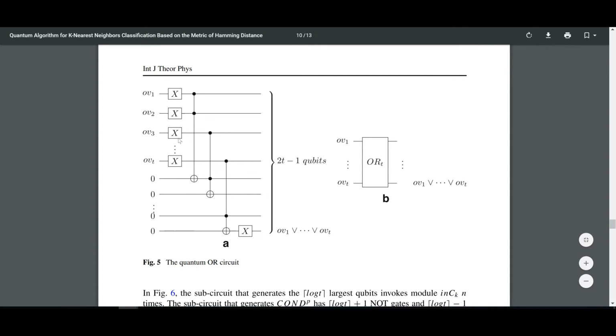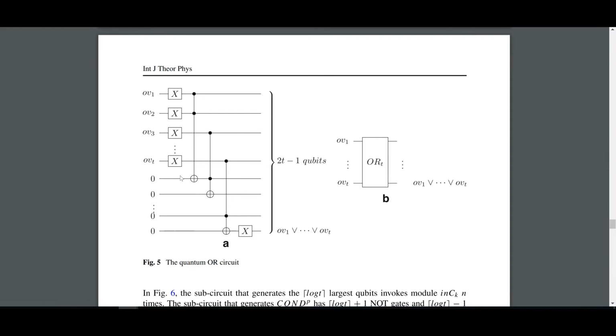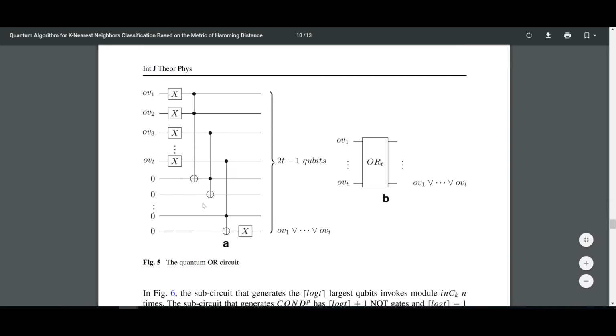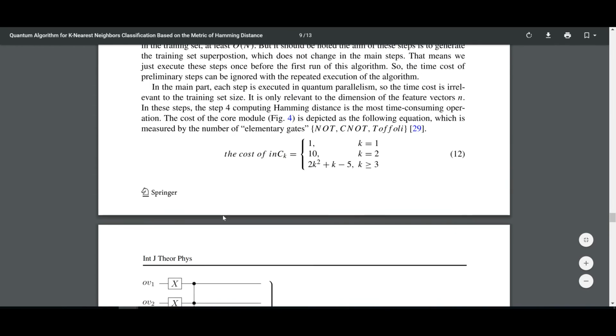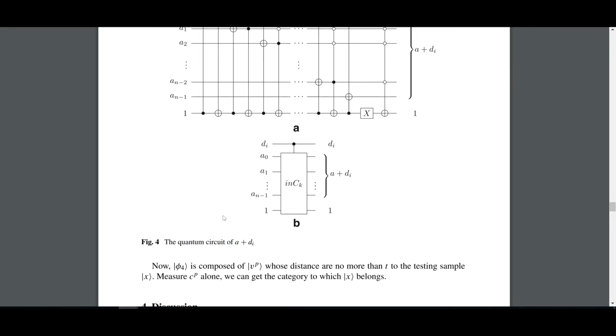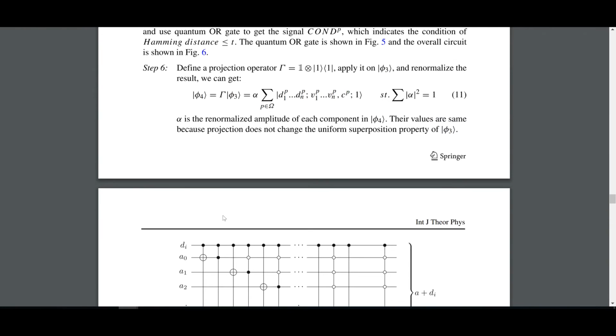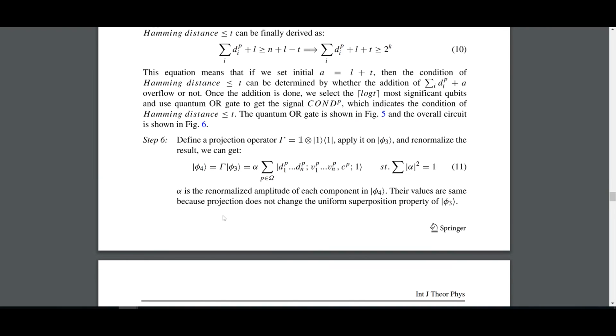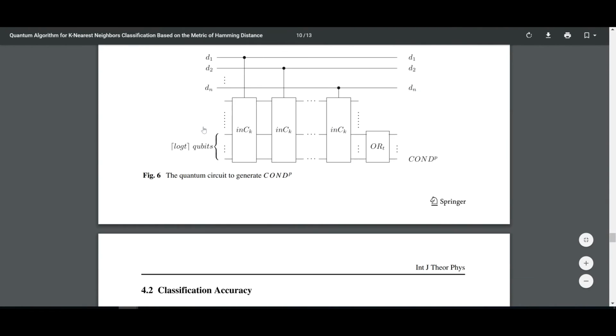It negates all the inputs, but I don't get why it goes to the zeros here. Overall in Figure 6, the OR is like that.